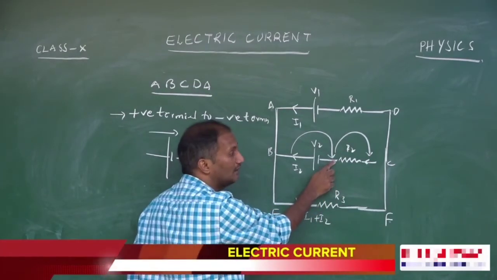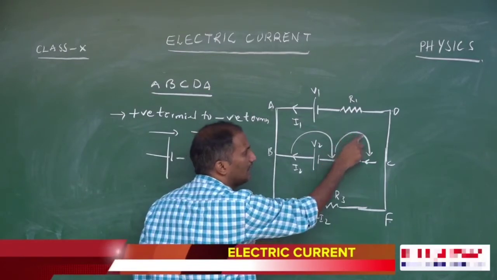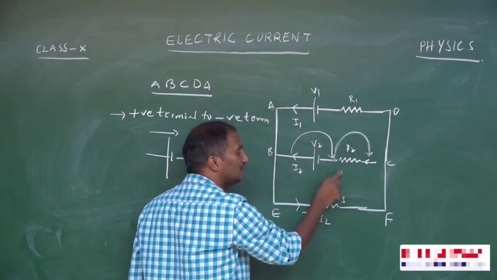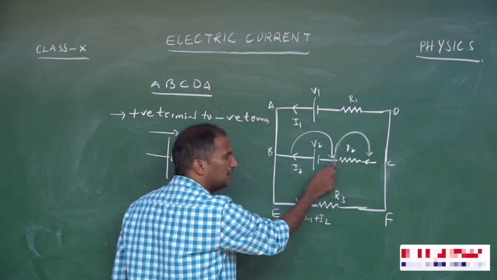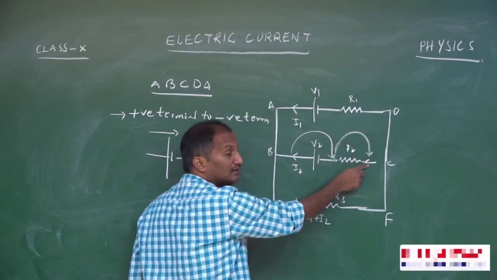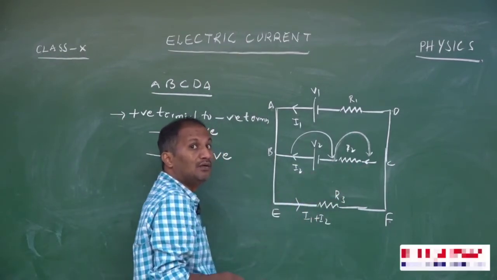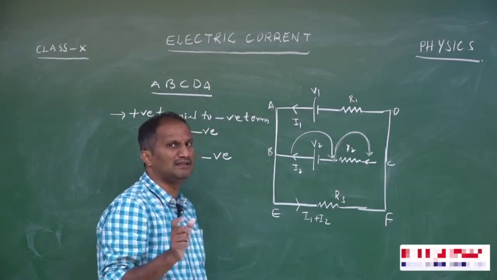Clearly have a look at it. We are traveling opposite to the direction of current, which means we are traveling from a low potential region to a high potential region. So we gain a certain amount of potential, and for that potential we put a positive sign in front of it.